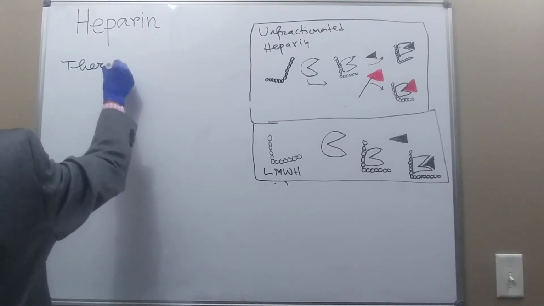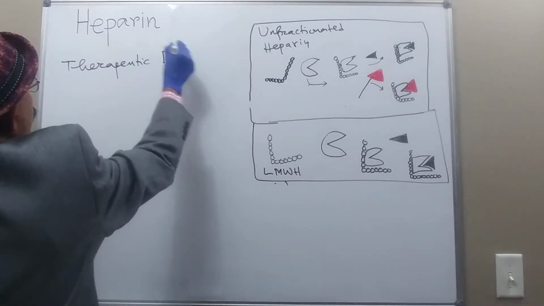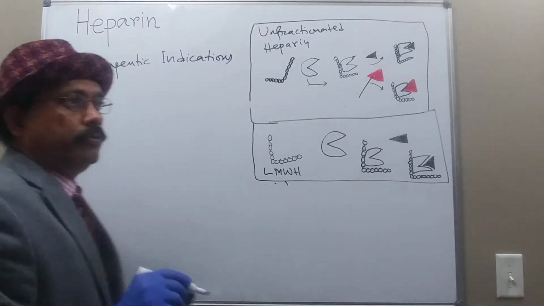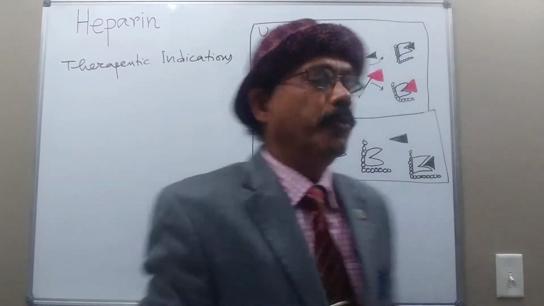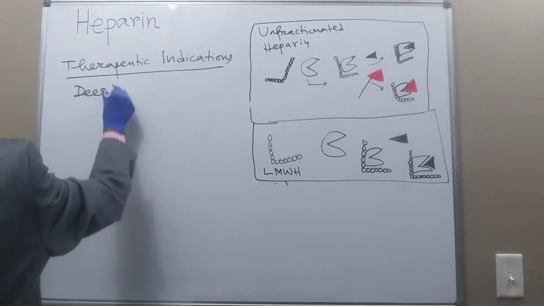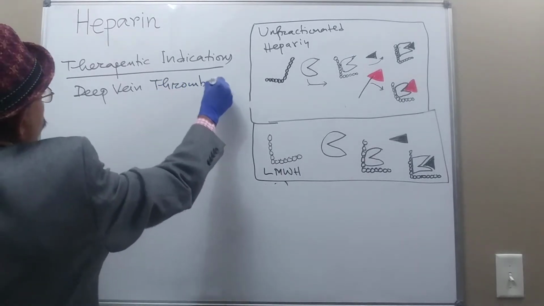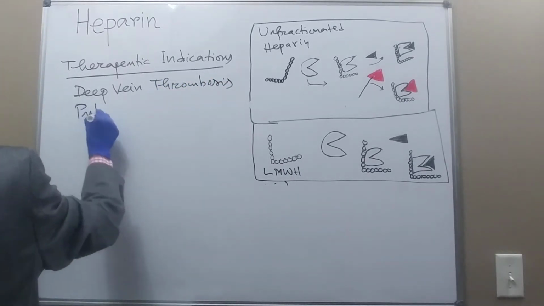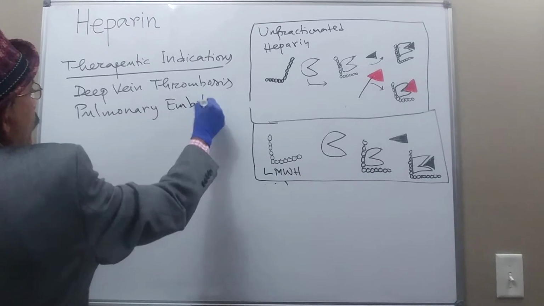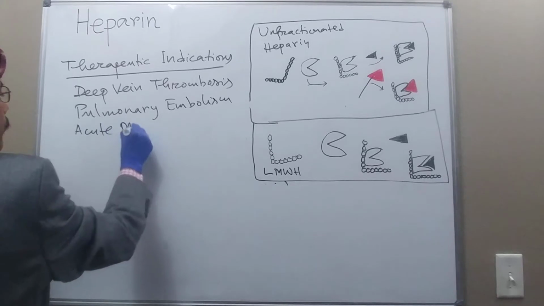Now we'll go to the therapeutic applications or indications. Heparin is used to prevent deep vein thrombosis and pulmonary embolism, and in acute myocardial infarction.